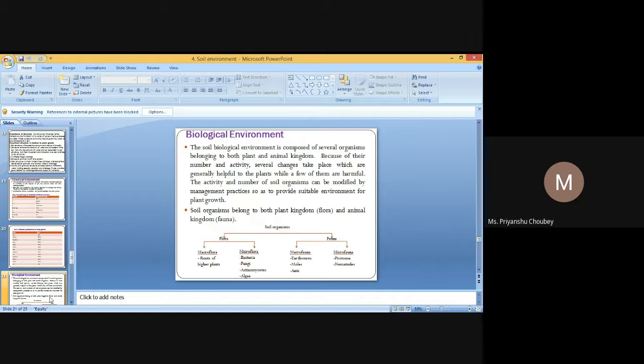Macroflora means roots of higher plants, and microflora means bacteria, fungi, actinomycetes, algae. And fauna: macrofauna, earthworms, moles, ants. Microfauna, protozoa, and nematodes.